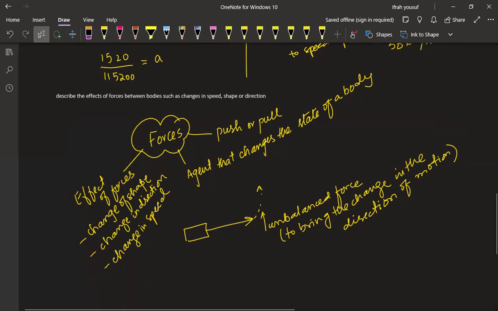After that, we have to identify different types of forces such as gravitational or electrostatic force. There are many types of forces that exist, so in the next class we'll discuss in detail the types of forces.